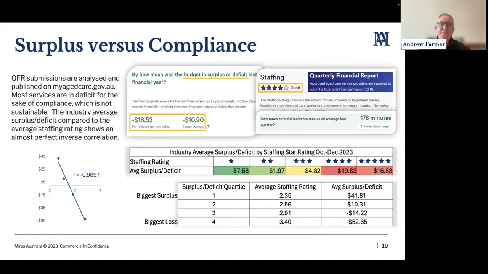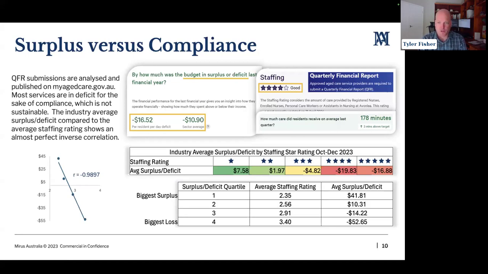Tyler? Yeah, thanks, Andrew. The responses to the poll questions there were really interesting, and I think they align really well to what the data is telling us. Access to the entire industry's QFR data certainly provides insight into many operational challenges.